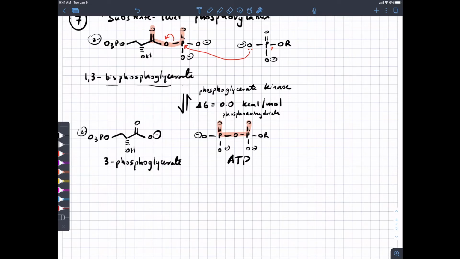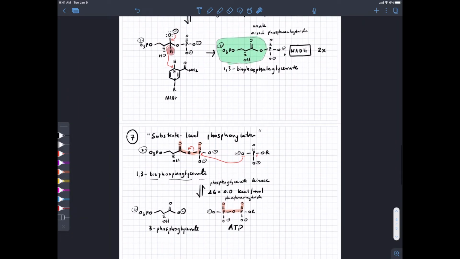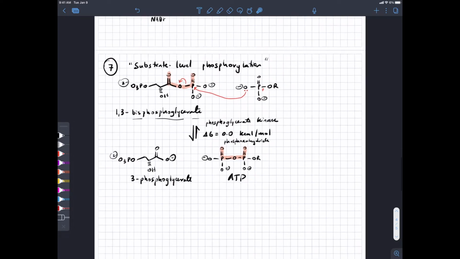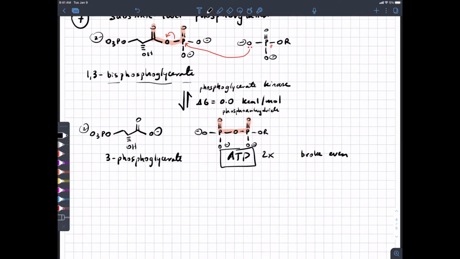All right, so remember our goals for this second part. We've made some profit in terms of NADH. We just made 2 molecules of ATP, which we had consumed 2 molecules of ATP previously, so we just broke even in terms of ATP molecules.